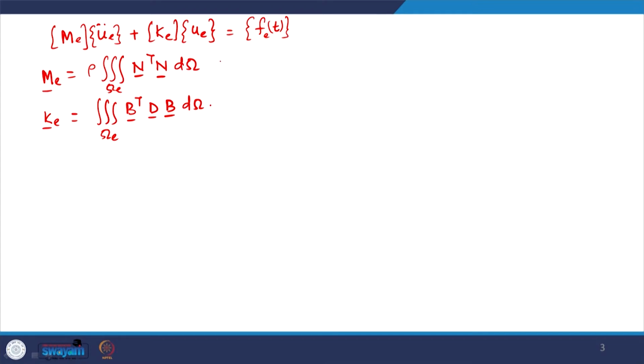So, this is what is referred to as the consistent mass matrix, and this is the stiffness matrix. B transpose D B, of course, works very well for continuum elements.